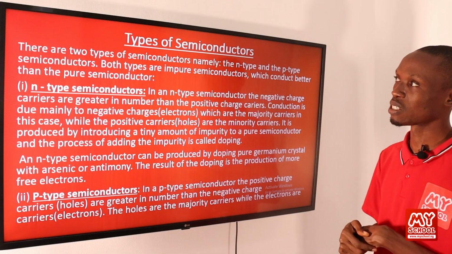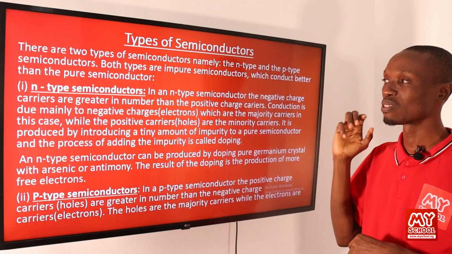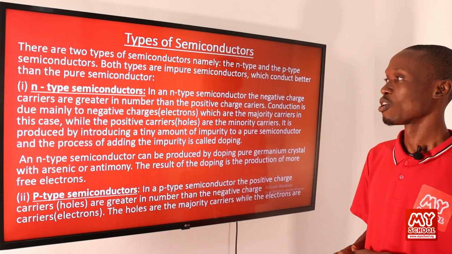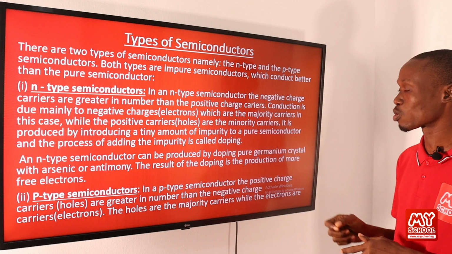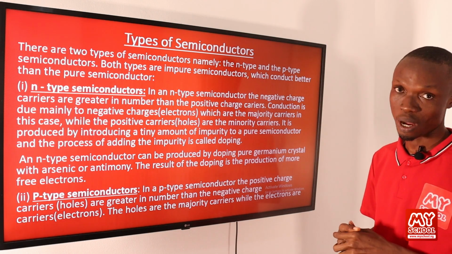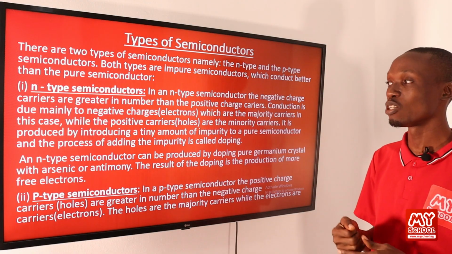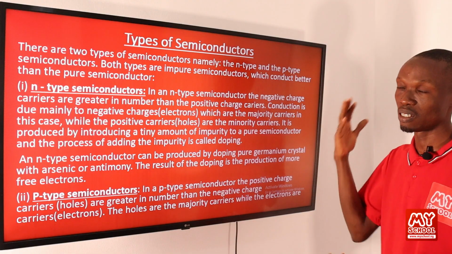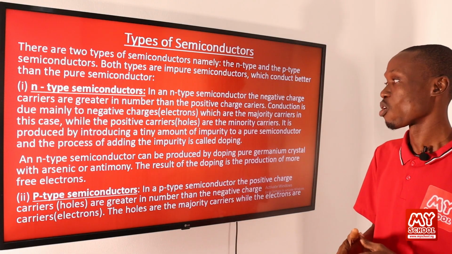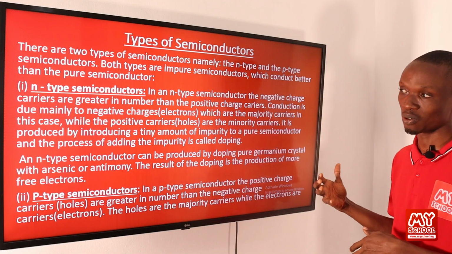Now let's discuss these types one after the other. Let's begin with the N-type semiconductors, okay? In an N-type semiconductor, the negative charge carriers are greater in number than the positive charge carriers. Conduction is due mainly to negative charges, that is, mainly due to electrons, which are the majority carriers, okay?